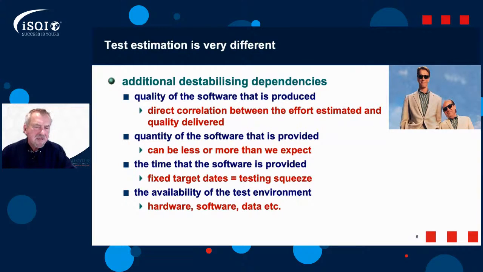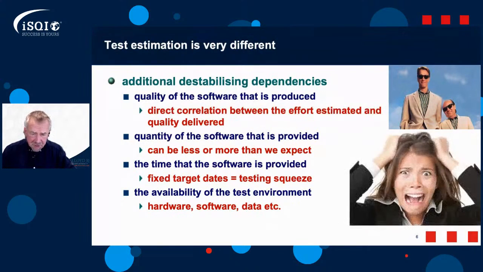And how can we expect testing to succeed when we've got a poor environment to work in? And the availability of that environment, it could be that other people need it to do debugging or backups are being done. So we're often tearing our hair out because it's made difficult by things that are outside of our control.